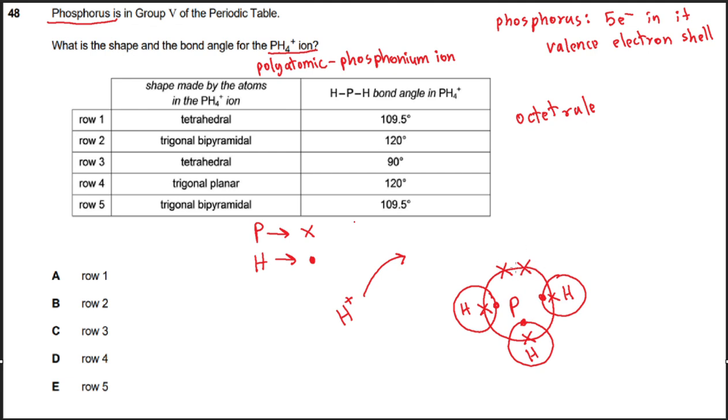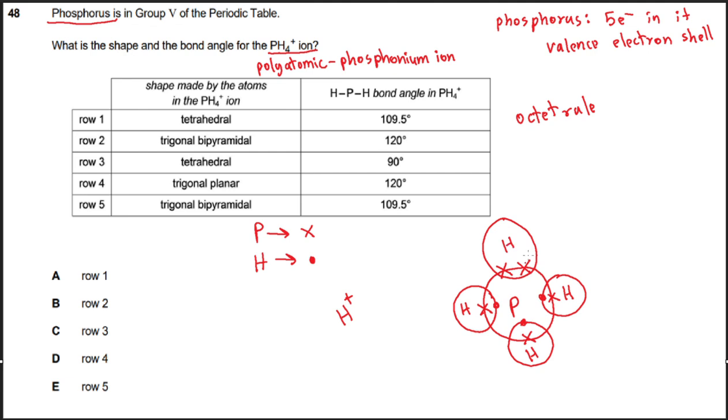These two crosses that you see at the end are the lone pair of the phosphorus atom.